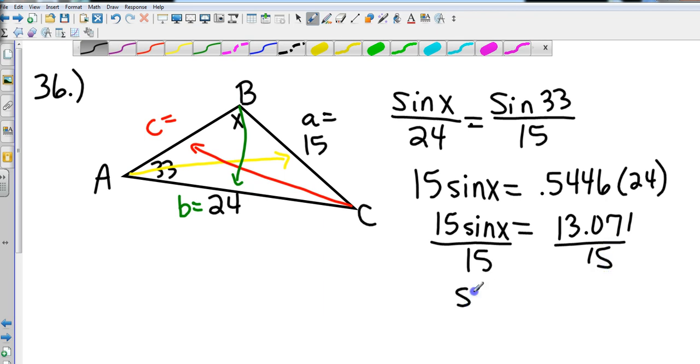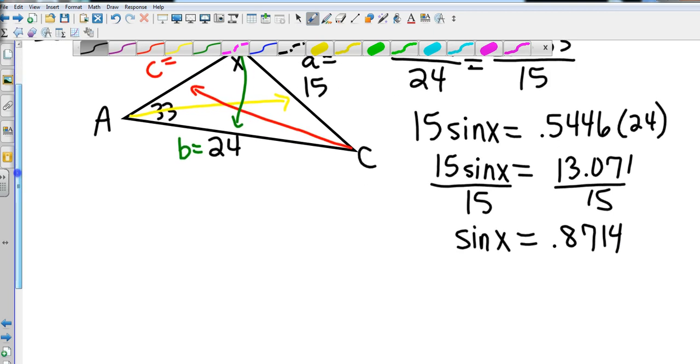Now we get sine of x equals 0.8714. And like discussed before, if we're finding an actual angle, this is where we're going to use our sine of -1 button.